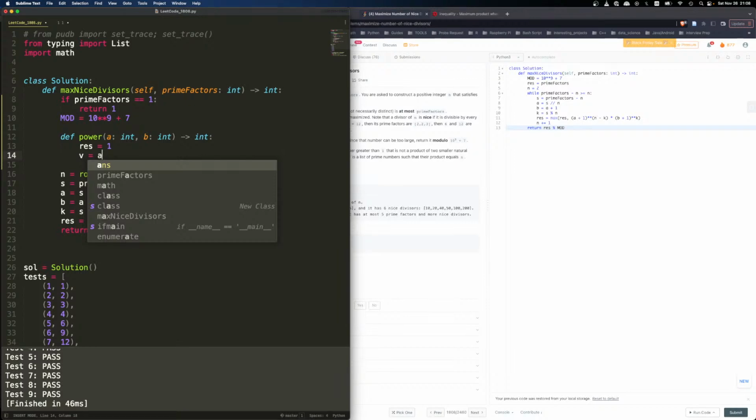And then I'll divide by 2. Wait. How do we do the power thing? Thank God, I forgot. This equals 2.